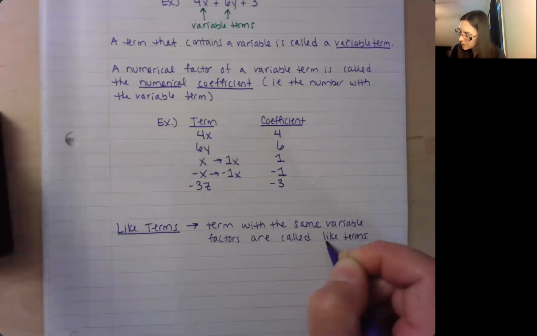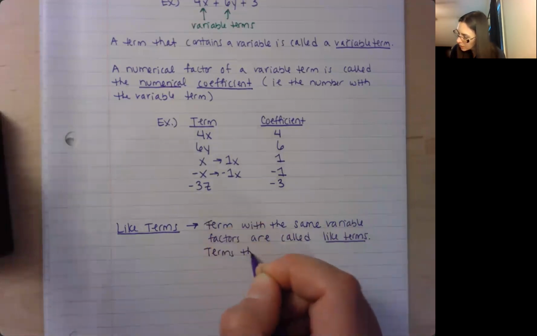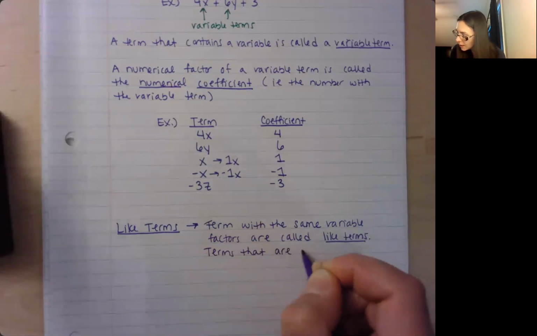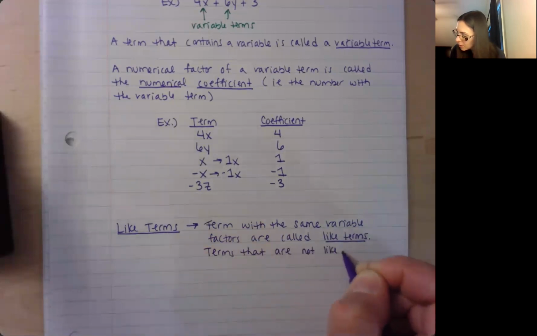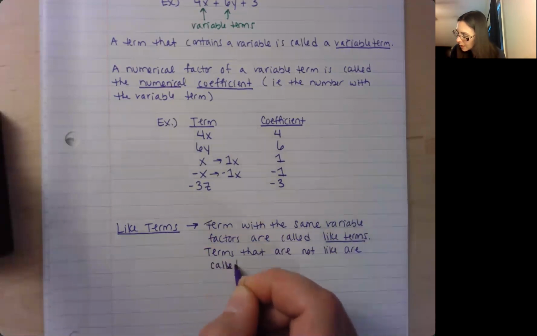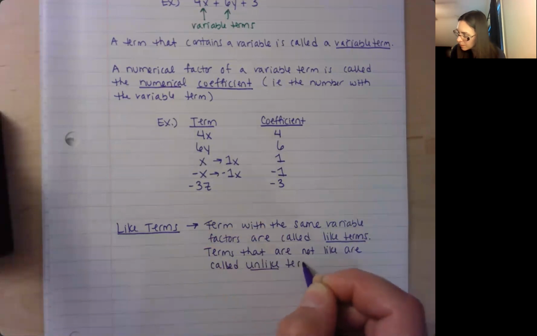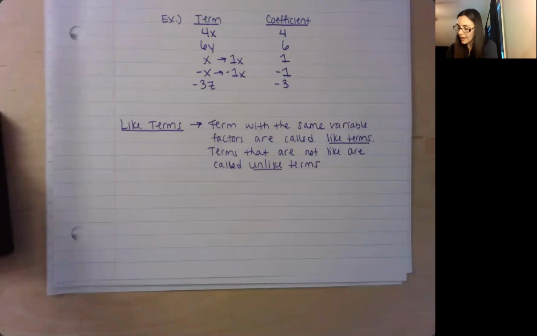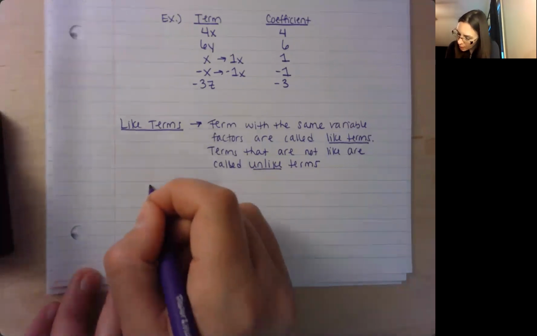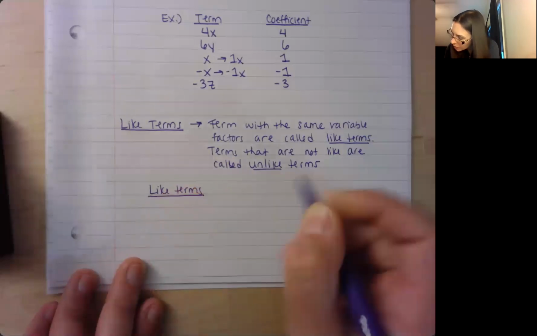Are called like terms. And then terms that are not like are called unlike terms. So let's go through some examples here as well. So I'm going to make 2 columns of like terms and then unlike terms.